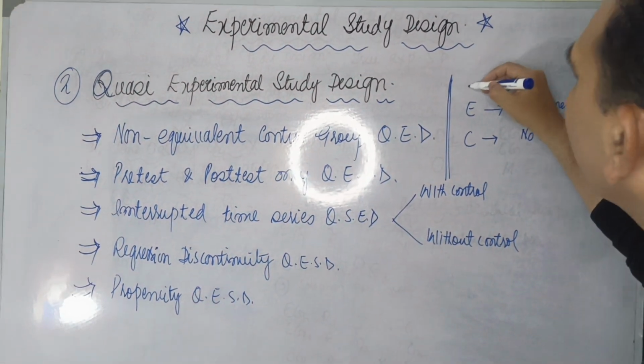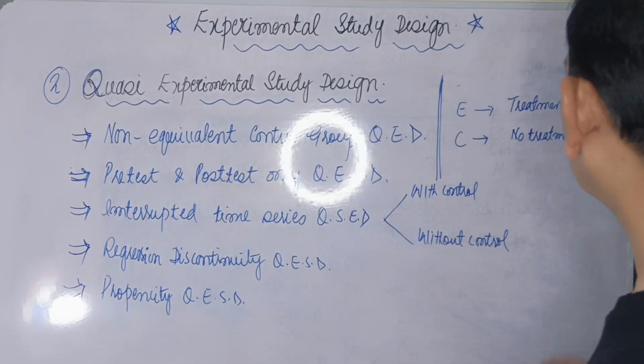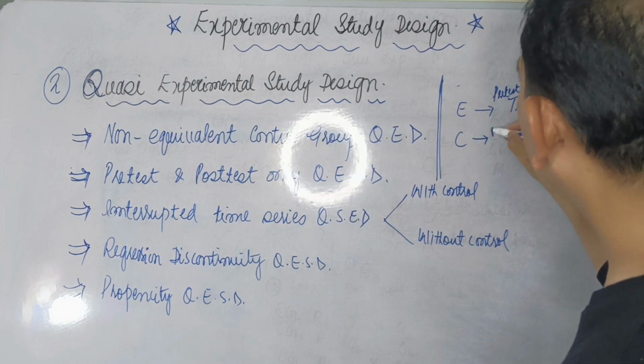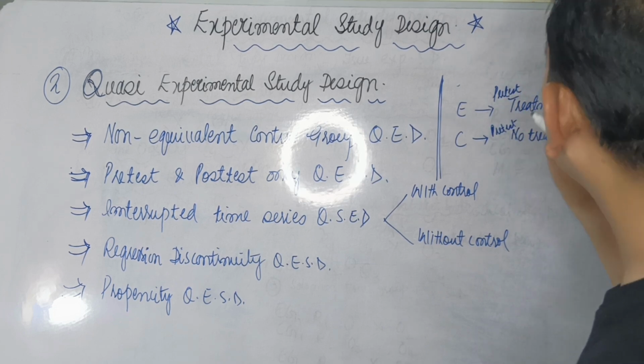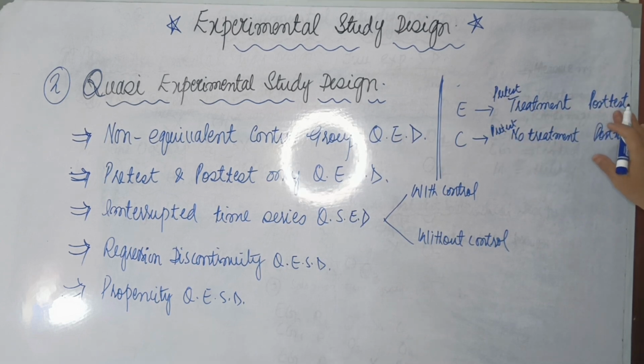This is called the non-equivalent design with pre-test. Conduct the pre-test for both groups: pre-test, treatment, and post-test for one group; pre-test, no treatment, and post-test for the other.